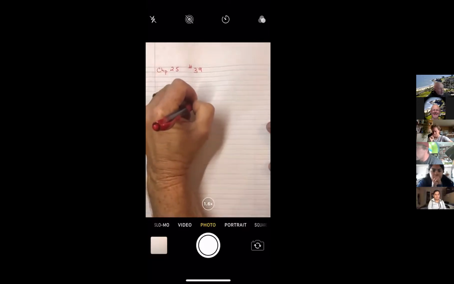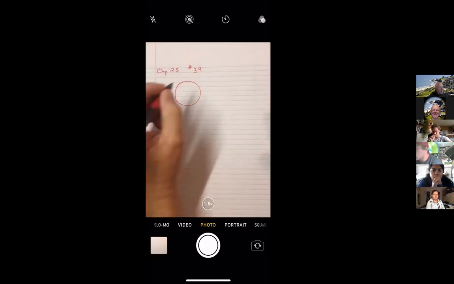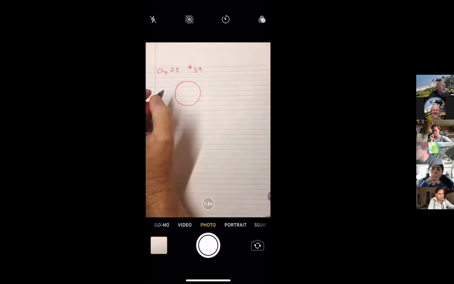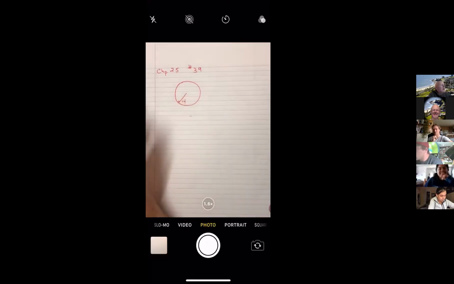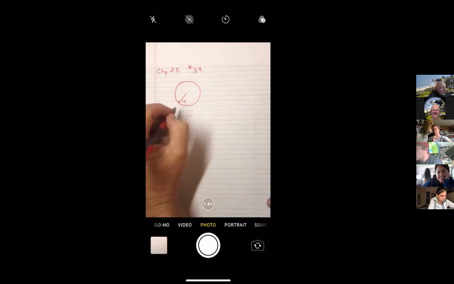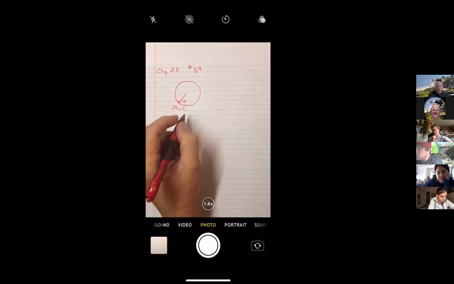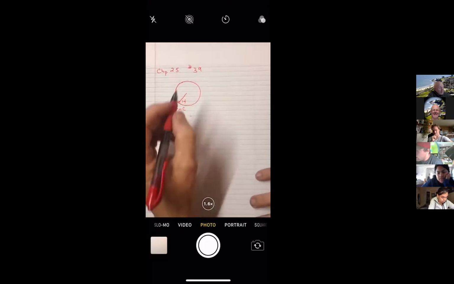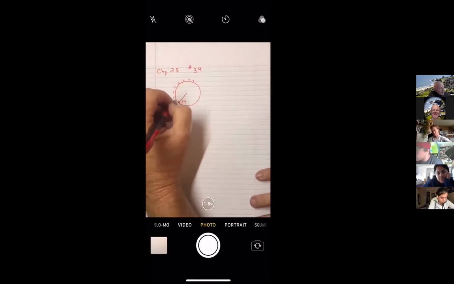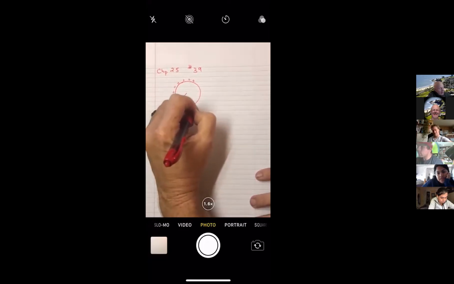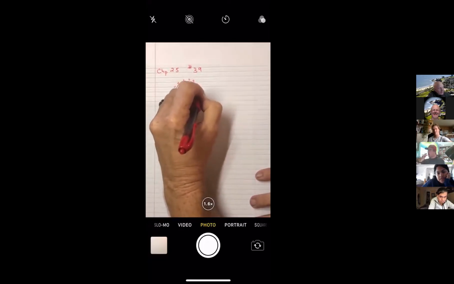Okay, so here is my conductor. I'll maybe put over here a radius of 14 centimeters. It has a charge of 26 microcoulombs. Now, here's a very important part of this problem. They said a conductor. So that tells me all the charge is on the surface.